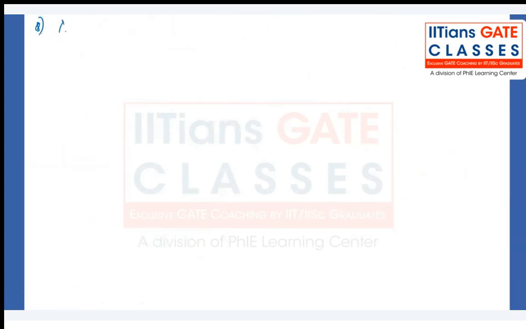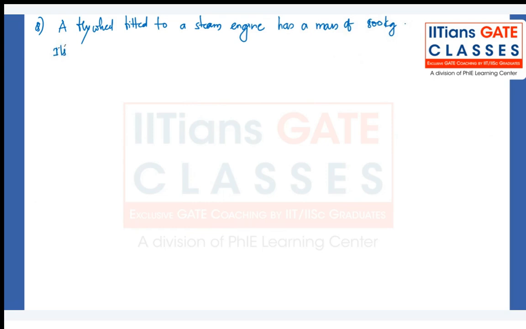Let's take another question. A flywheel fitted to a steam engine has a mass of 800 kg. Its radius of gyration is 360 millimeter.